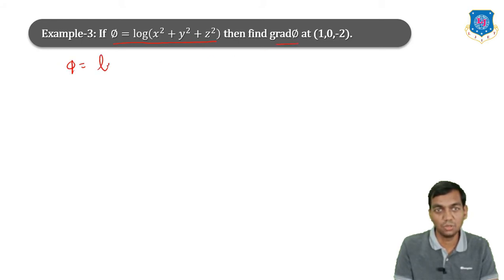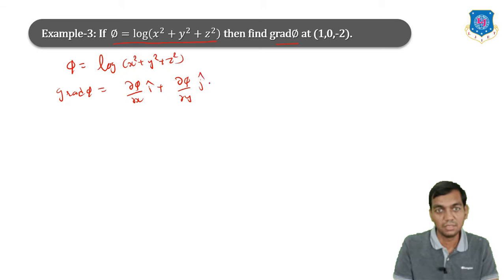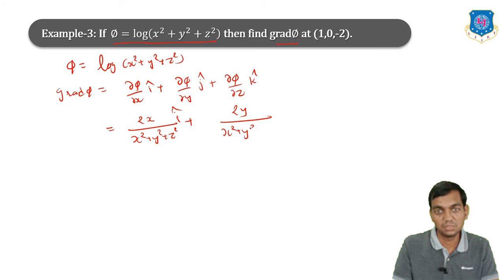So phi is equal to log of x square plus y square plus z square, and therefore grad phi is del phi by del x into i plus del phi by del y into j plus del phi by del z into k is equal to, log as a derivative 1 upon, so you will have 2x upon x square plus y square plus z square into i, in the same manner 2y upon x square plus y square plus z square into j plus 2z upon x square plus y square plus z square into k.